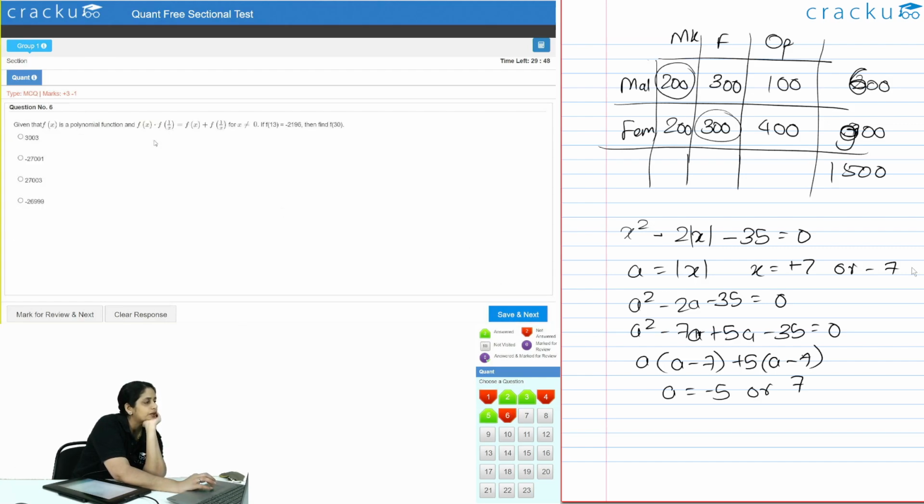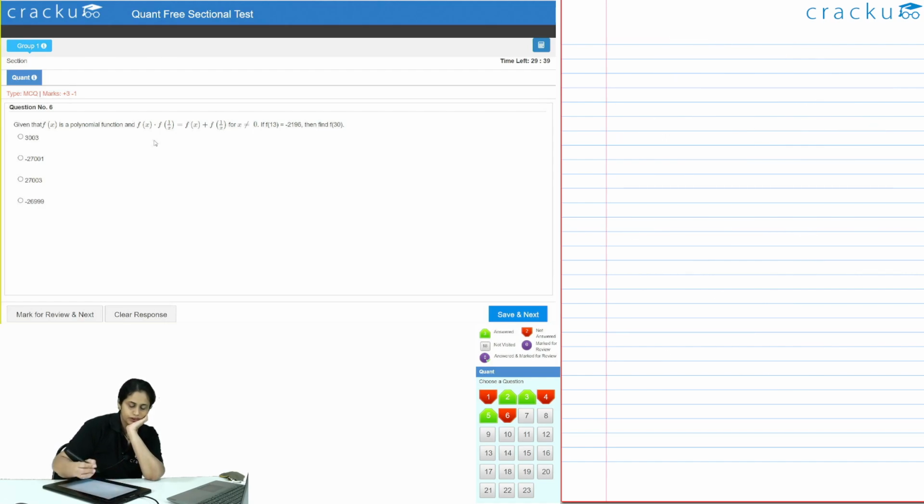f of x is a polynomial function of this form, where x is not equal to 0. When f of 13 is this, find f of 13.